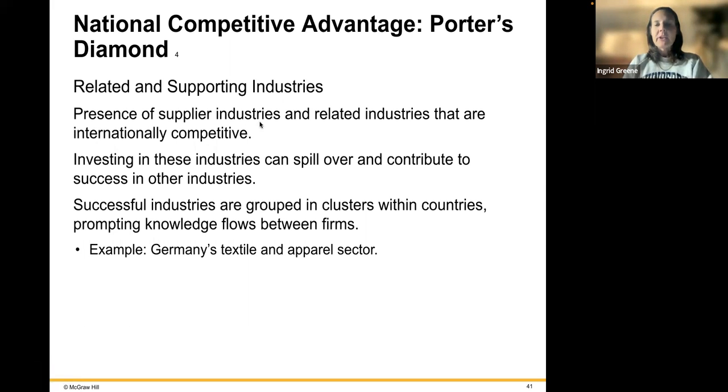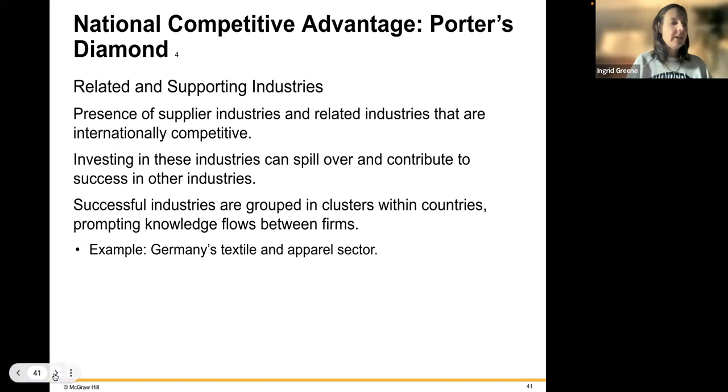There's a presence of suppliers and industries that are internationally competitive. Investing in these industries can spill over and contribute to successes in other industries, right? So it wasn't just pharmaceuticals, then it became high precision instruments and watches. Successful industries are grouped in clusters within countries, prompting knowledge flows between the firms. And the example here is Germany's textile and apparel sector that helped spur this development 200 years ago.